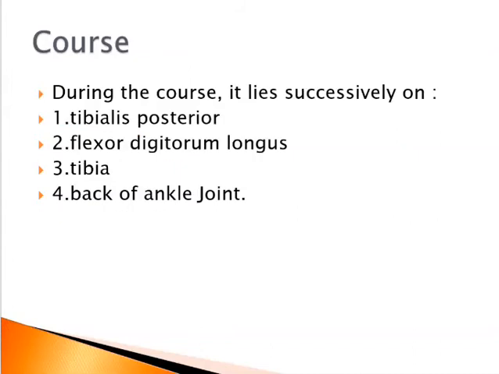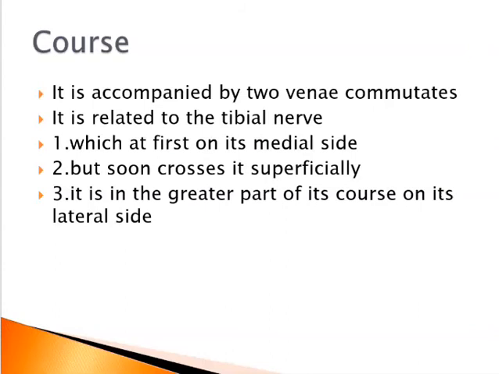Course. During the course, it successively lies on tibialis posterior, flexor digitorum longus, tibia, and back of leg. It is accompanied by two venae comitantes. It is related to the tibial nerve.